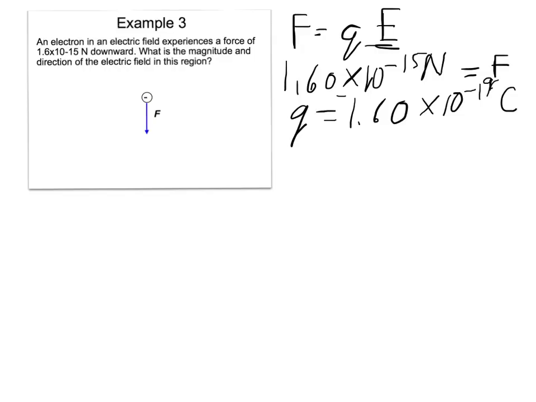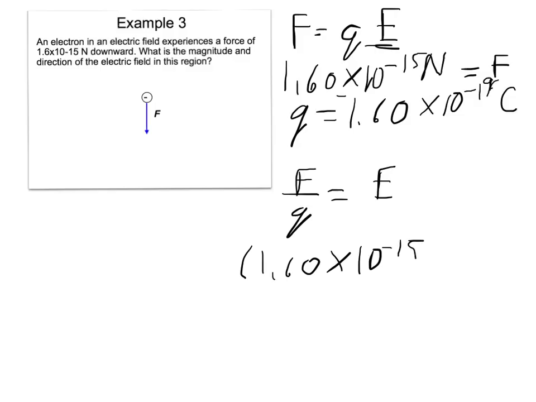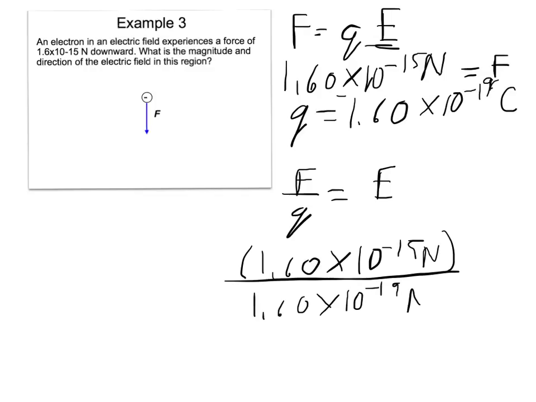It's negative because it's an electron. I can solve this equation real fast for E, just divide by Q. So I get F over Q equals the strength of the electric field, and that's 1.60 times 10 to the negative 15th newtons divided by 1.60 times 10 to the negative 19th coulombs. And that will be my electric field strength.